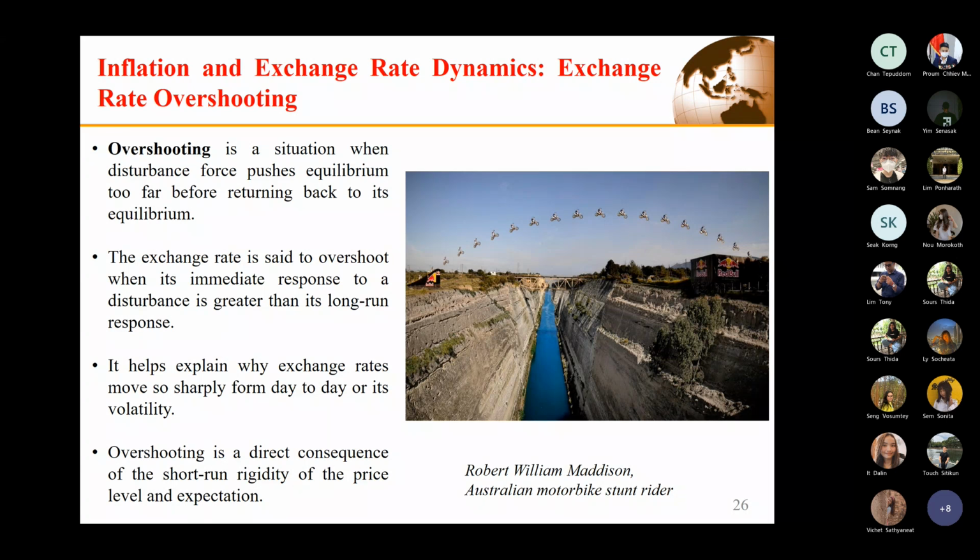So yuan would depreciate, but not that much. That's how overshooting can be very problematic. Expectation could be a good thing, but it could be a bad thing. It's like a two-edged sword. It could help, but it can also harm.